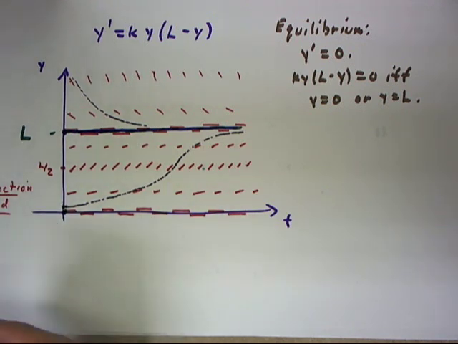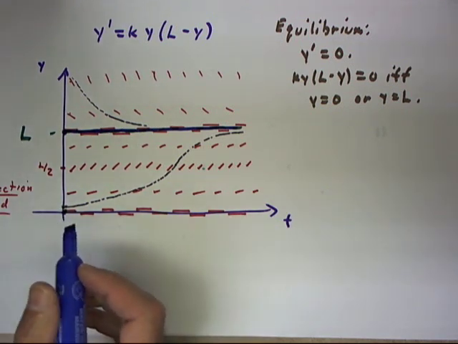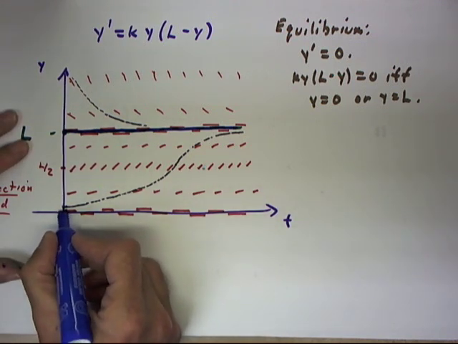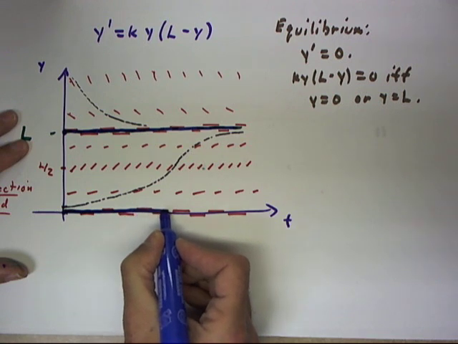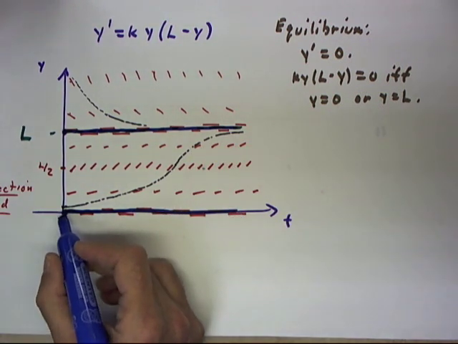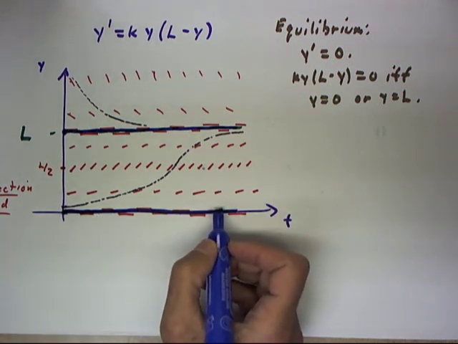Now, if we're talking about a reproducing population, if you don't have any population at all, you're going to stay that way. You're going to have no population. But the y equals 0 population is not stable.